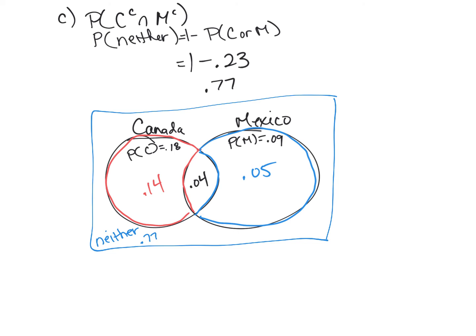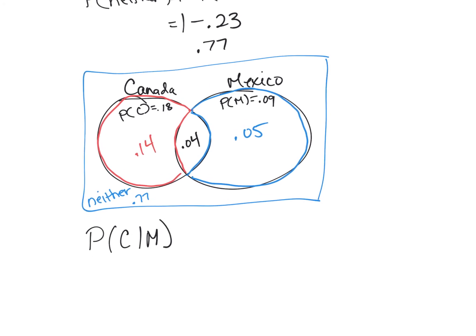Now, what if it asked, what is the probability that they've been to Canada given they've been to Mexico? This problem's not in here, but we will be asked things like this. Given you know they've been to Mexico, what's the probability that they've also been to Canada? So this is where we use some of our formulas. That's the probability of Canada and Mexico, the probability they've been to both, divided by the probability they've been to Mexico, divided by what's given.